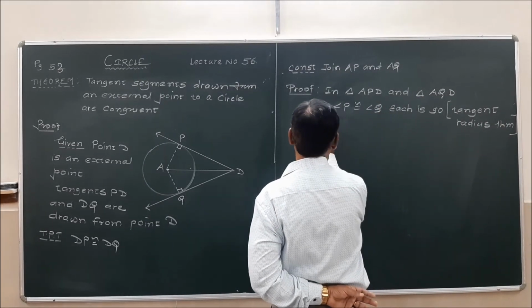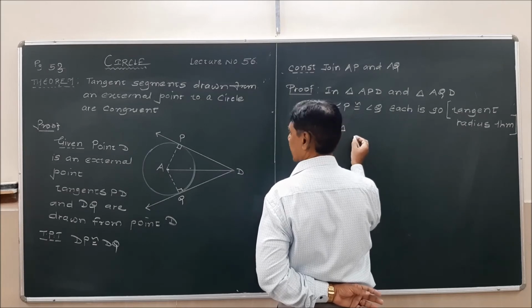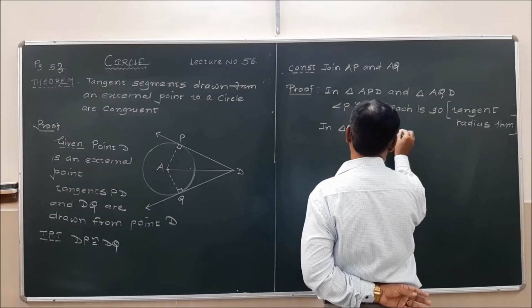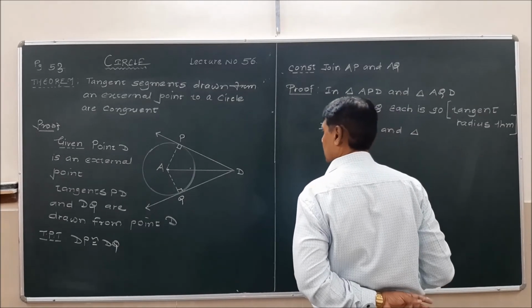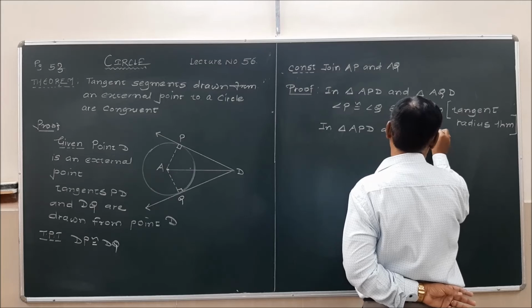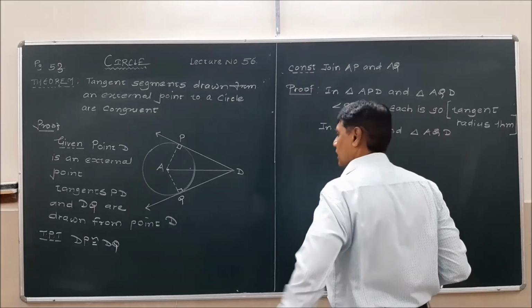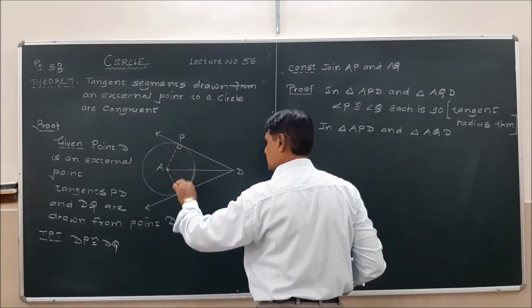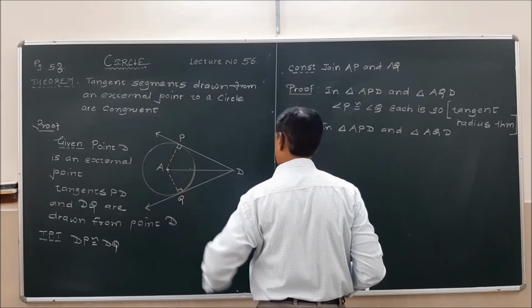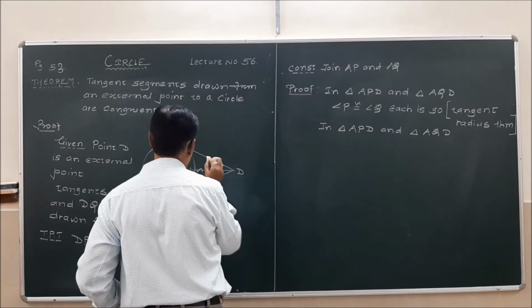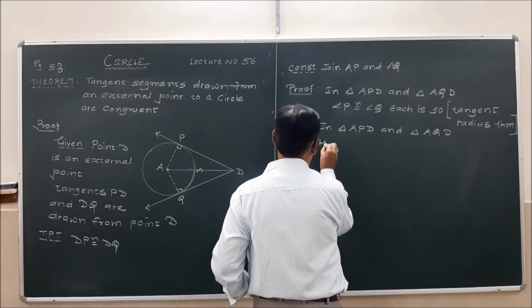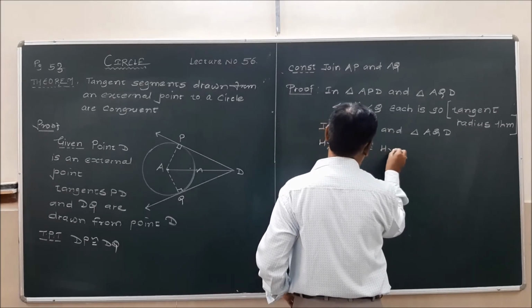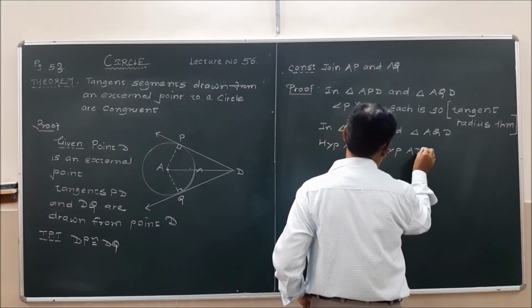So in triangle APD and triangle AQD, AD is opposite to 90. Therefore, hypotenuse AD is congruent to hypotenuse AD. Common.